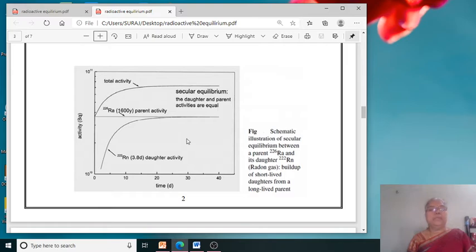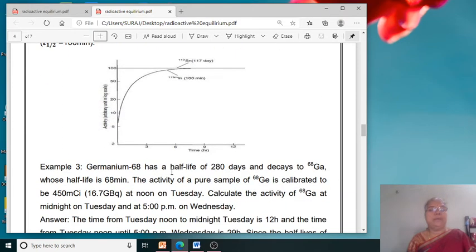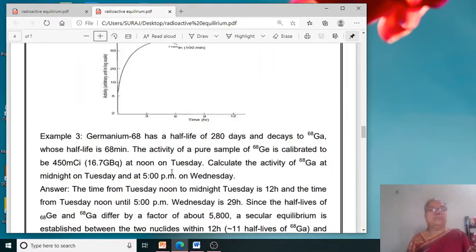Then it is not for your study. So we will see the examples of secular equilibrium. Here, germanium-68 has a half-life of 280 days and decays to gallium-68, whose half-life is 68 minutes.